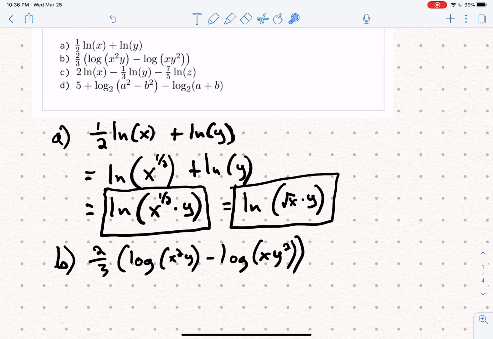This one is a log, which means since there's no base there, the base is 10. That's one of our two special logarithms. And this log is also base 10, and we have a log in a base minus a log in a base. And the rule is when you subtract two logs, you make a single log with a fraction inside, and this goes on the top, this goes on the bottom of that fraction.